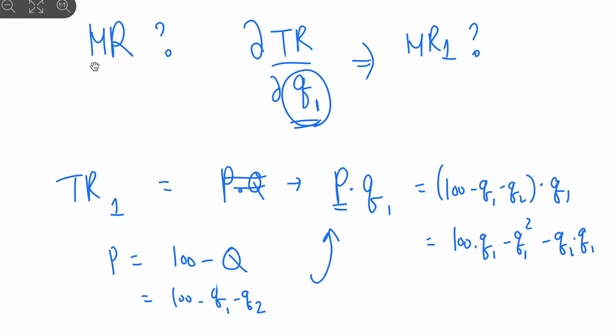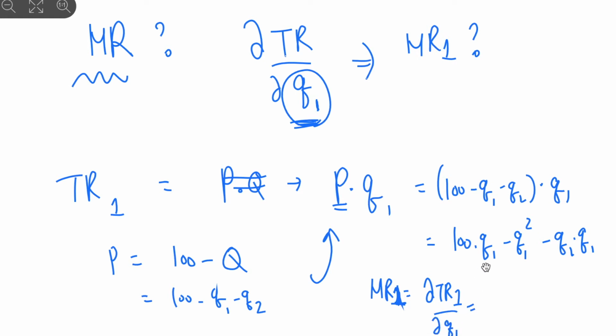So let's take a derivative with respect to Q1 to get the marginal revenue of Firm 1. So the marginal revenue of Firm 1 is the partial derivative of total revenue 1, not 2, it's 1, with respect to Q1.